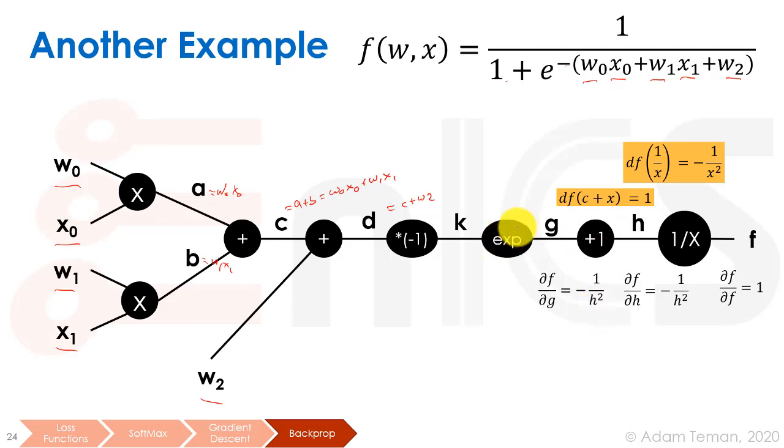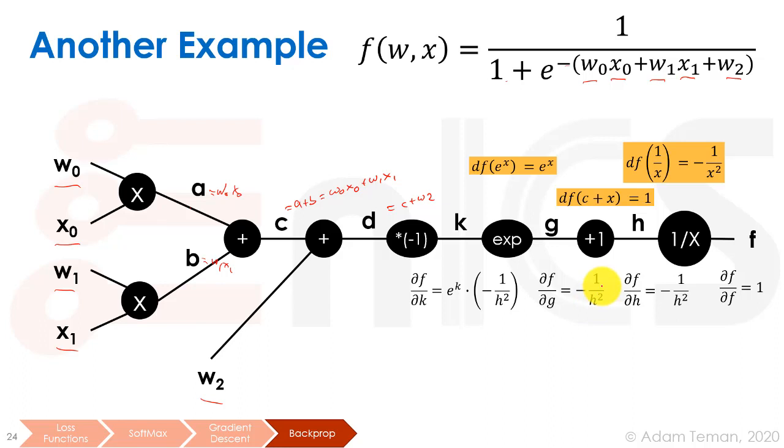Now we're at the next node, and we know that the derivative of e to the power of x is just e to the power of x. So with the chain rule again, df to dk is going to be dg to dk times df to dg, which we've already found. So it's going to come out e to the power of k times minus 1 over h squared.